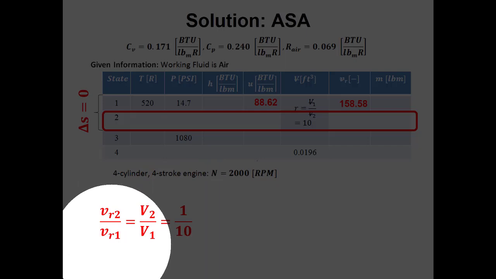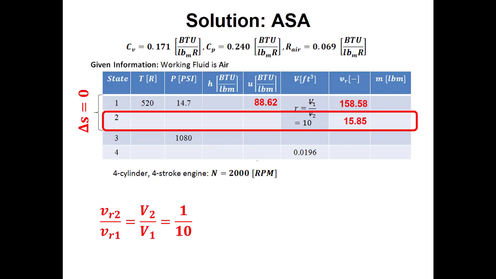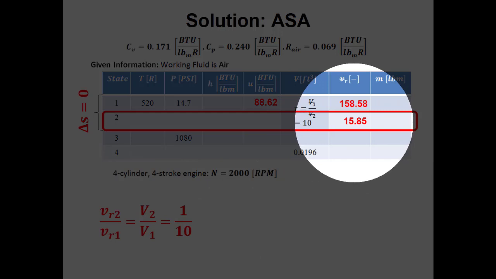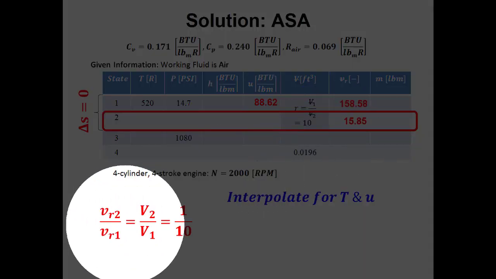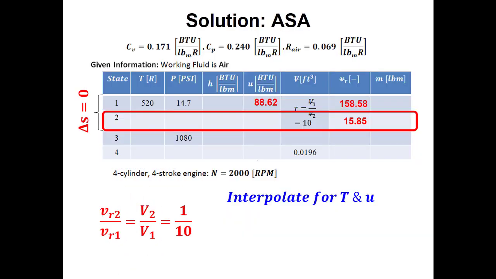Here I picked off vr1 from the table when I was interpolating at that temperature. So that means I can find vr2. Once I know vr2, I can interpolate back. This is just like knowing the temperature, because once I know one thing here, I can interpolate back. I'm color coding where you get each piece of information: the red stuff here came from this isentropic expression.